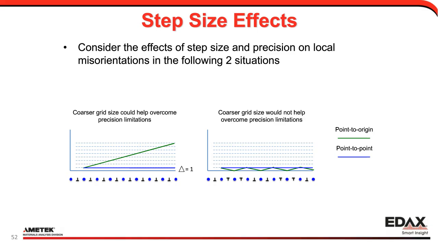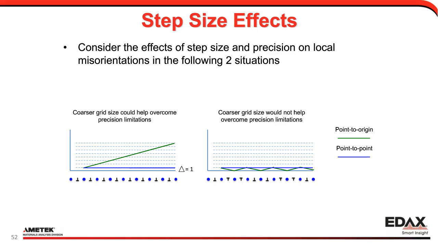So if I had a large step size, I would get larger misorientation from the 2 endpoints. But if I had a lot of SSDs essentially canceling each other out, then my overall misorientation would be small for the 2 endpoints, and so my coarser grid size wouldn't really help me.